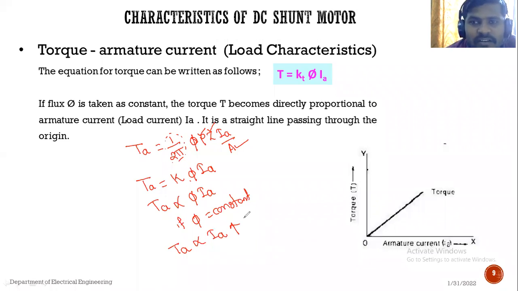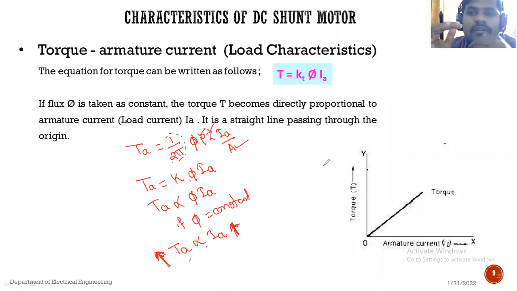That means armature current increases in the same proportion as the torque of the machine increases. And when does torque increase? If the load on the motor increases.